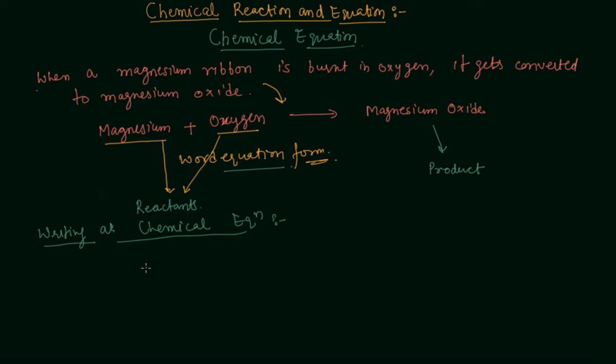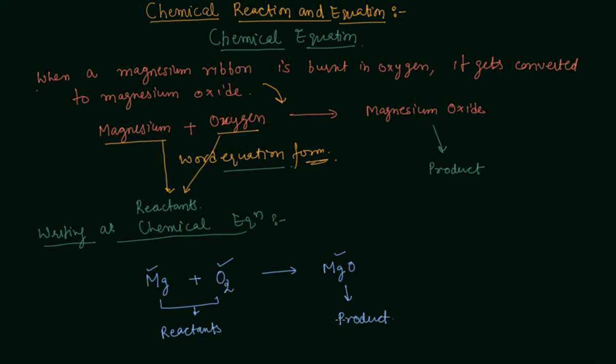So we can represent the above equation as Mg plus O2 gives MgO. Magnesium is Mg and oxygen is O2, and we get the product MgO. So now these two are reactants and this is the product.